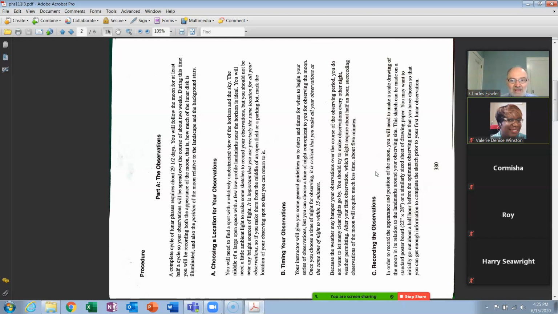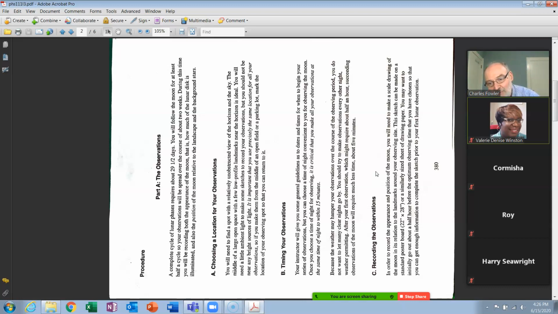Pick a time that's convenient for you, and once you pick that, you will find out the moon is only going to be visible at that particular time for about 2 weeks. That may be starting tonight if you're an early morning person. It may be starting in a week if you're a late night person. You'll follow the moon for at least half of a cycle, with your observations spread over about 2 weeks, because that's the only time it's going to be visible at whatever time you choose.